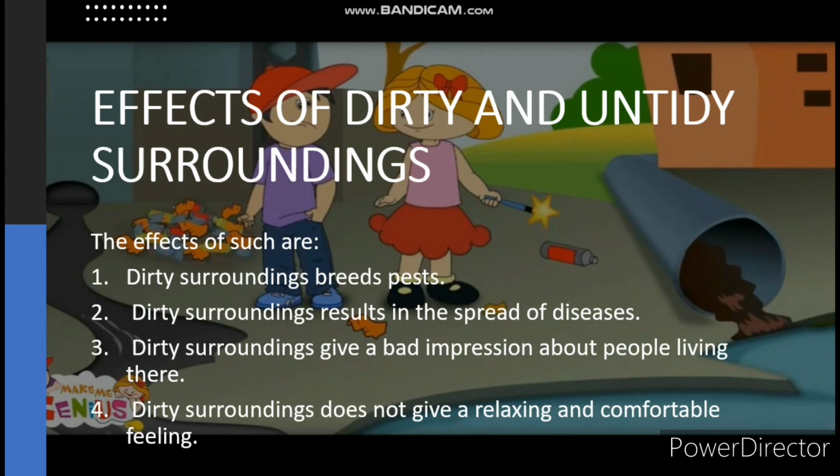So we have to make sure that our environments are very clean. Let us not encourage pests. Let us not encourage the spread of disease. Let us not give bad impressions to people about us. And let us not live a careless life.